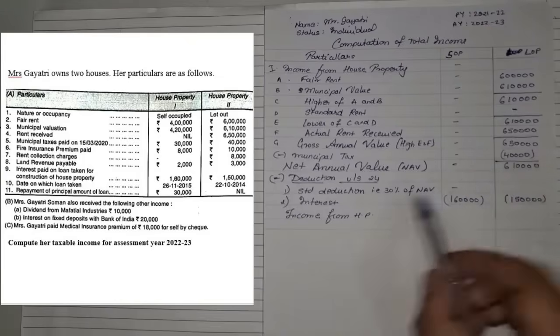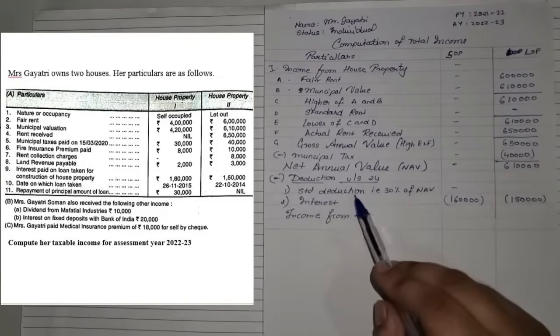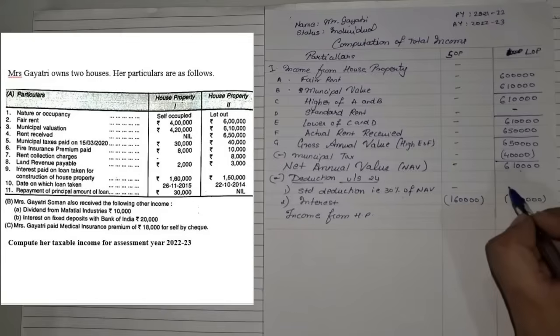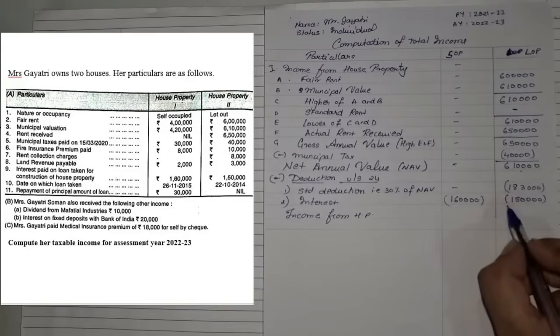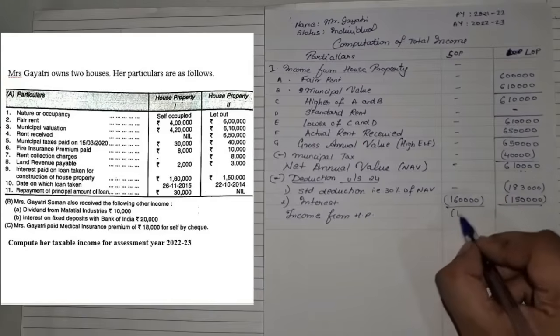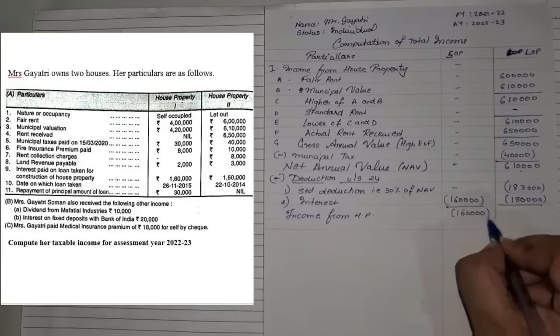From that, now we need deduction under section 24, standard deduction, that is 30% of NAV. So 30% of 6,10,000 will come to 1,83,000 in negative. Okay, so that's it. From NAV we subtract all our deductions. So now for SOP it will be negative 1,60,000 itself.